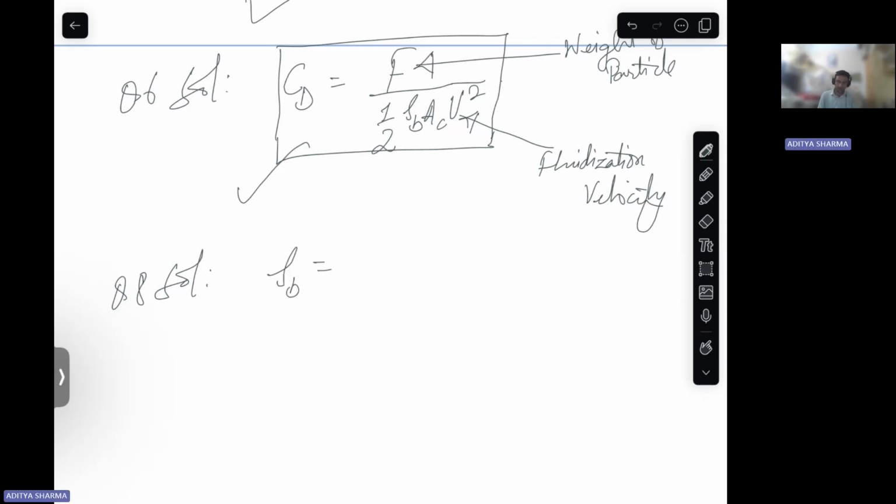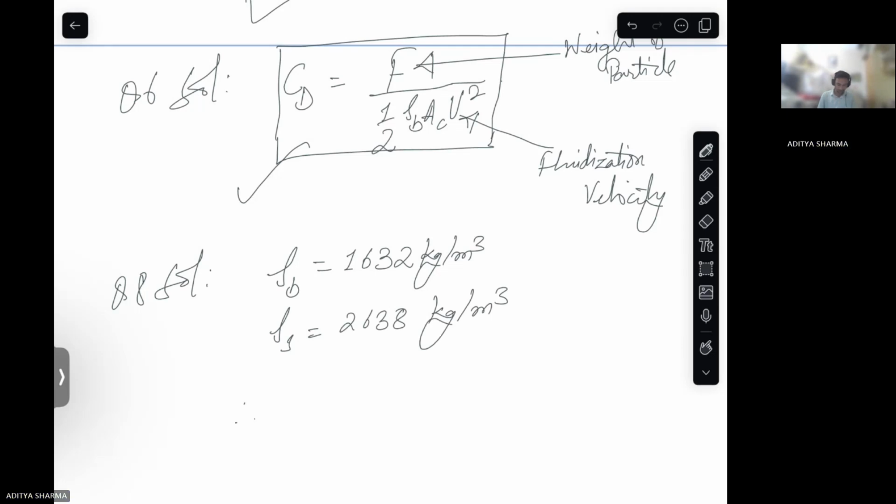So bulk density here is 1632 kg per meter cube. Density of solid is 2638 kg per meter cube.